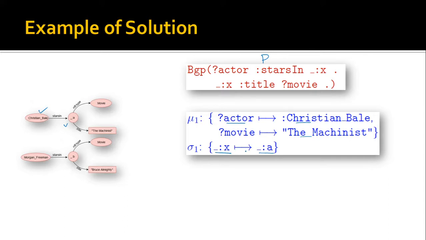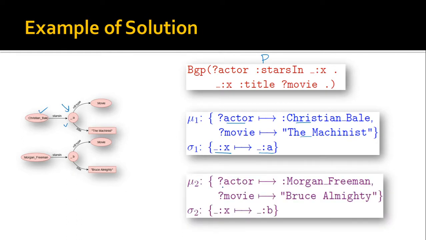So this is an assignment we are doing on the blank node in order to align our pattern with this part of the graph, right? So what would be the other solution? The other solution would be instantiating the actor variable with Morgan Freeman and the movie variable with Bruce Almighty, and assigning this blank node B to blank node X, right?